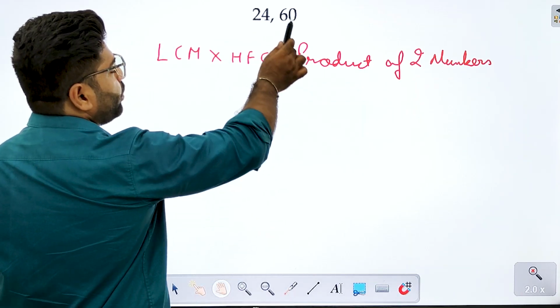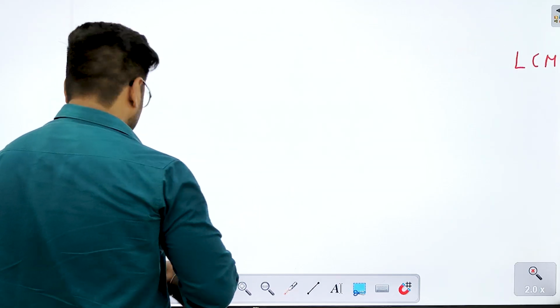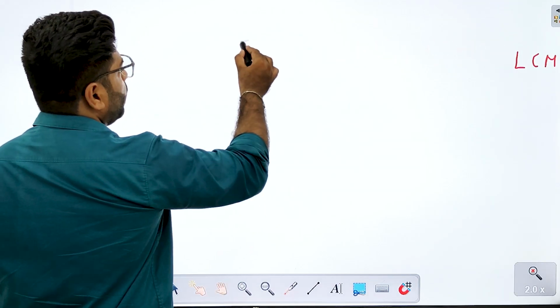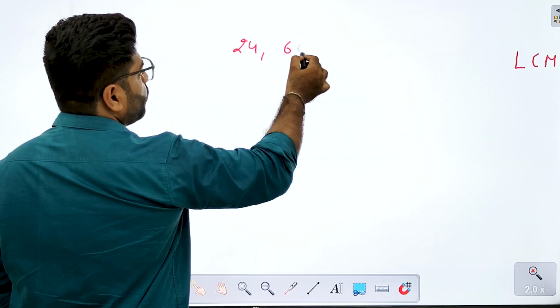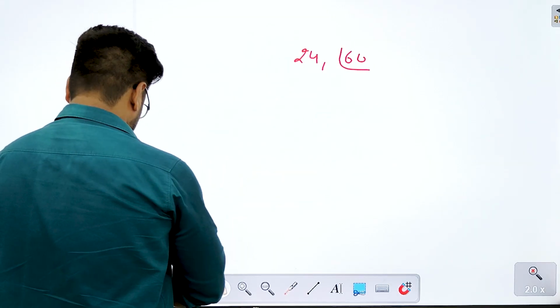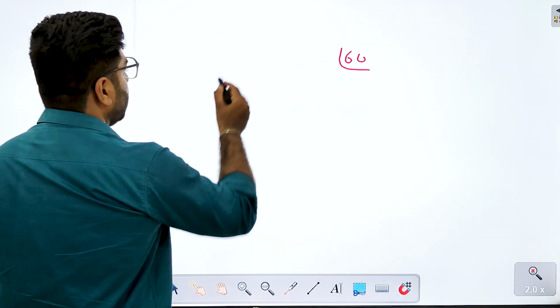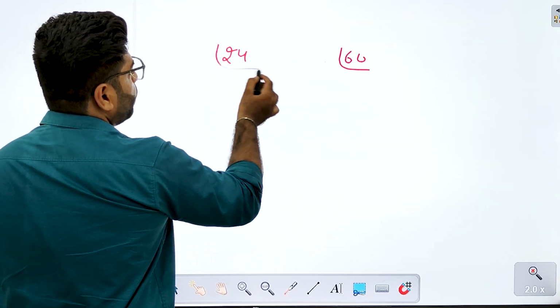Okay, now we are having 24 and 60. Let's find out the LCM. 24 and 60, we are going to find out the prime factors. Okay, now we are having 24.